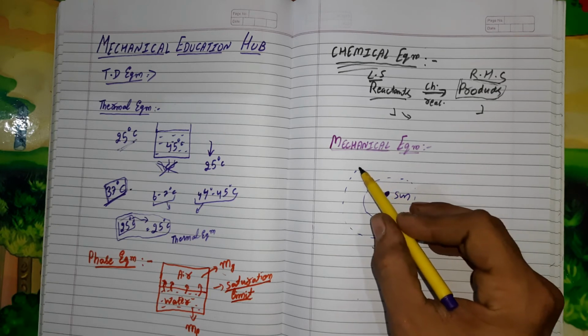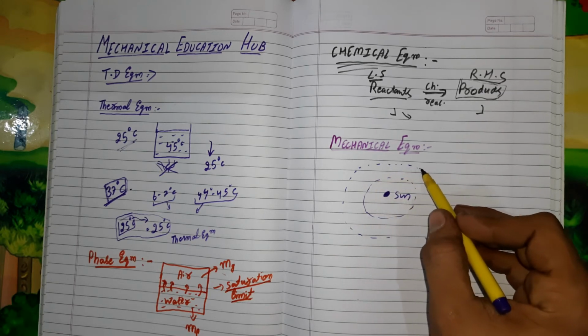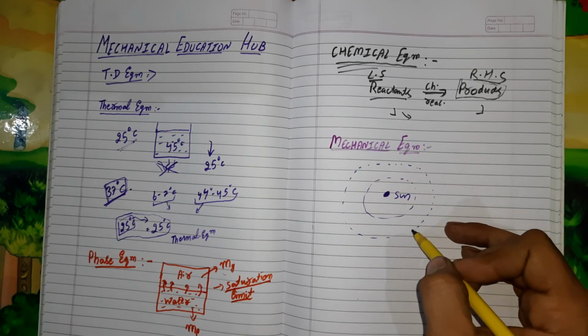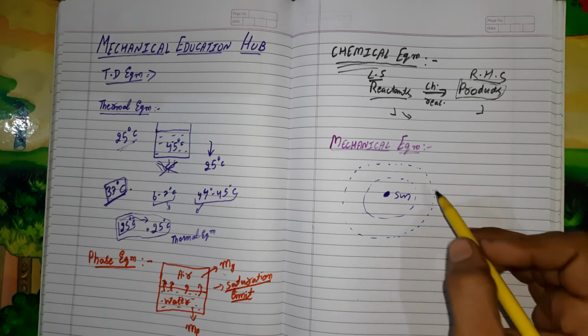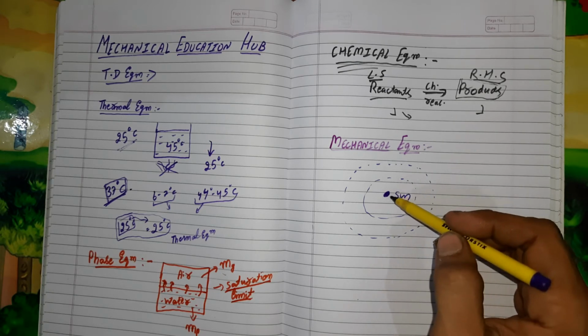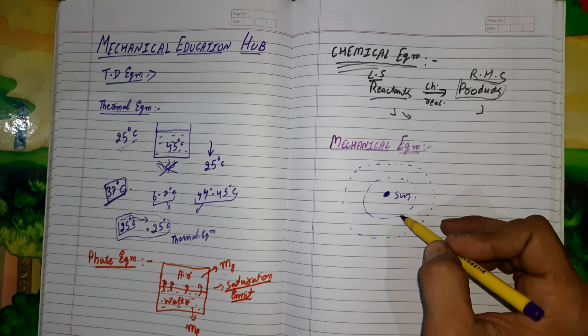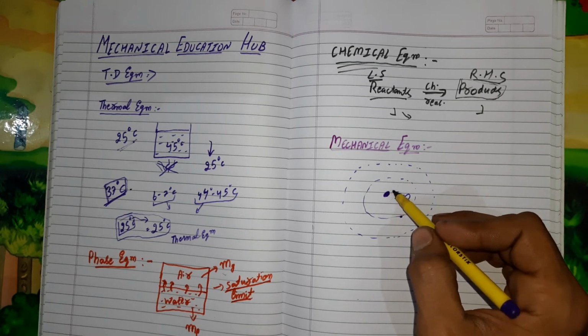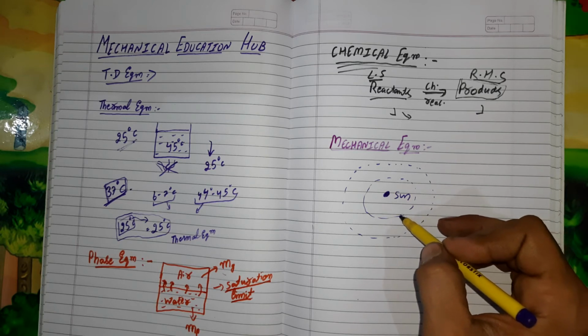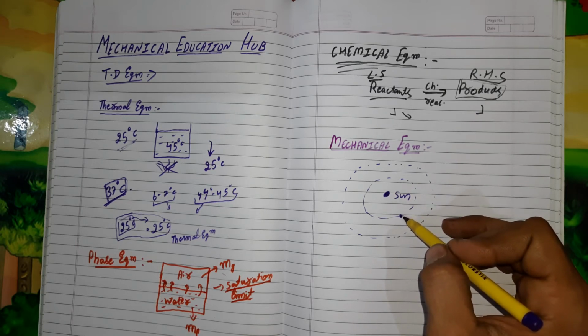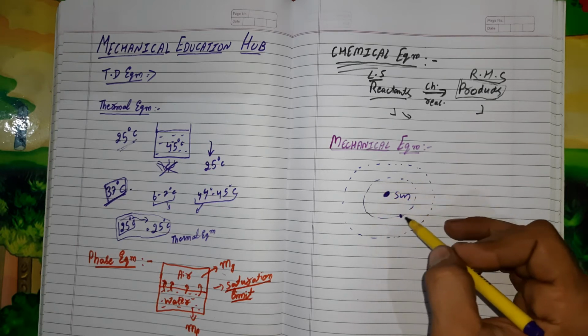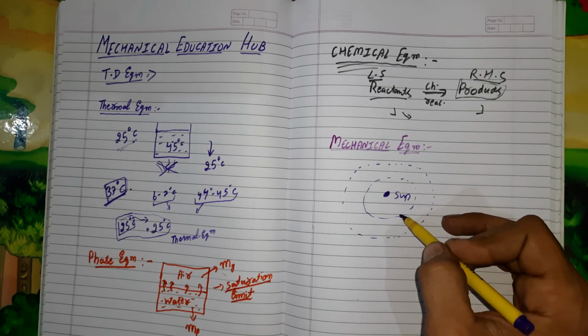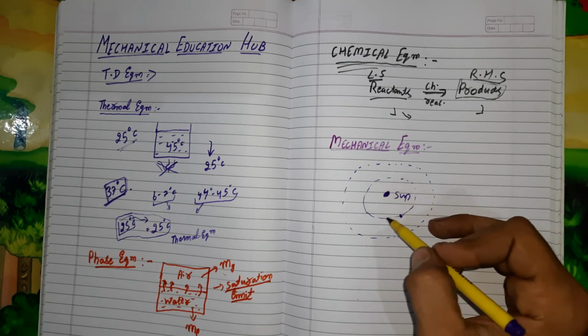Now these 9 planets are in mechanical equilibrium because of the gravitational forces acting from the sun, and the planets have their own gravitational forces. They are at equilibrium. They keep revolving around the sun with a fixed revolution, fixed distance.